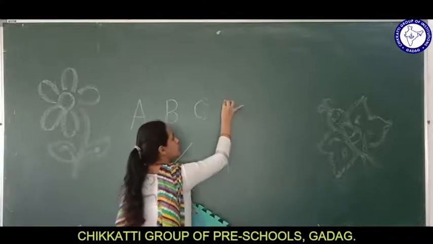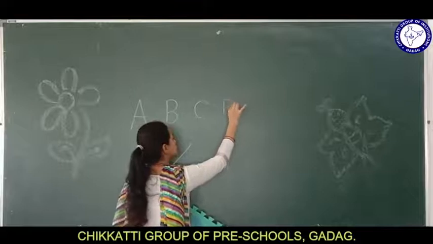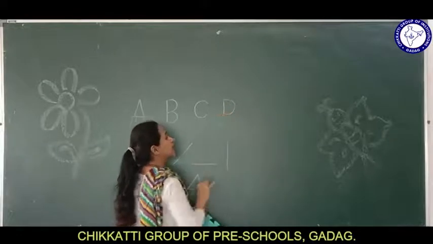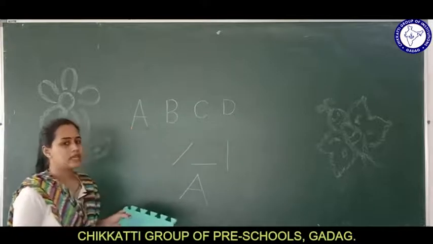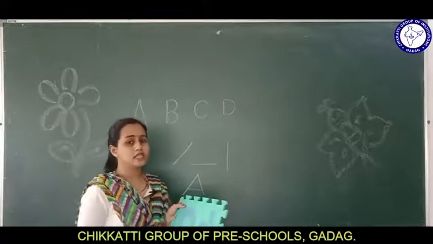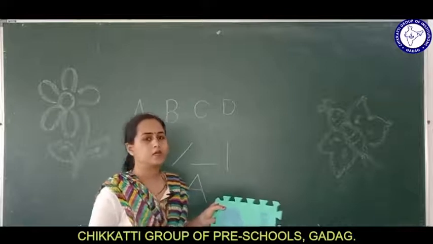Standing line and again a curve. You have to touch the sides, okay? From this line to this line you have to touch. It will become the letter D. What is the D sound? D.